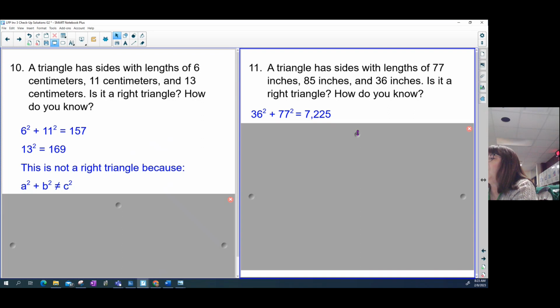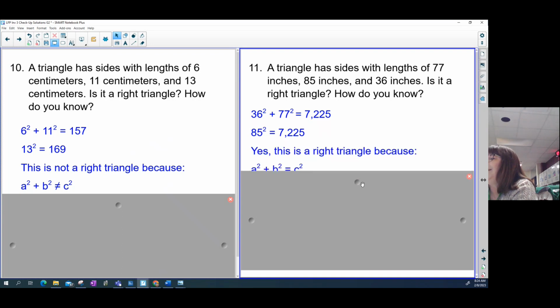So the 36 squared and the 77 squared are going to be added together. Those are your legs. And when you add those together, you get 7,225. And if you do 85 squared, you also get 7,225. So yes, this is a right triangle because a squared plus b squared here is exactly the same as c squared.